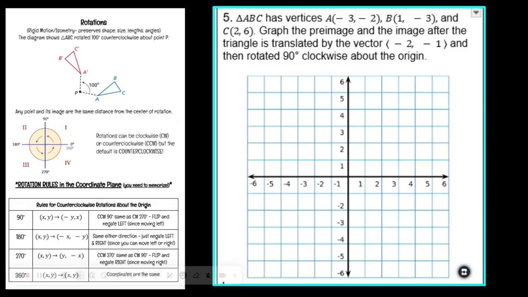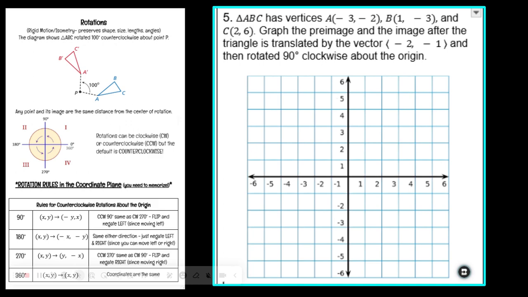Then our step 2 is we're going to create triangle A prime, B prime, C prime by shifting, sliding, translating our pre-image by that vector, which again tells me how far and which direction we are moving our triangle. Then we are going to finally do our last step, which will take that triangle A prime, B prime, C prime, and we're going to rotate it 90 degrees clockwise. And that's the three things we need to do in order to answer this question.